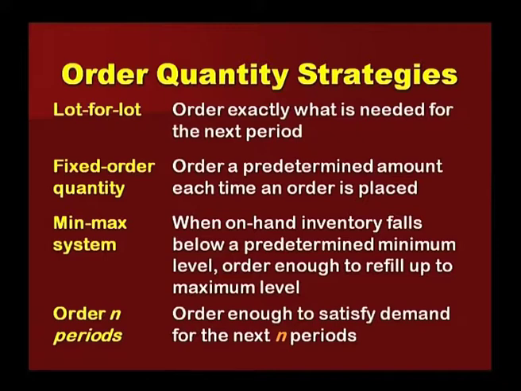Fixed order quantity is to order a predetermined amount each time an order is placed. Min-max system: when on-hand inventory falls below a predetermined minimum level, order enough to refill up to the maximum level. Order N periods: order enough to satisfy demand for the next N periods.